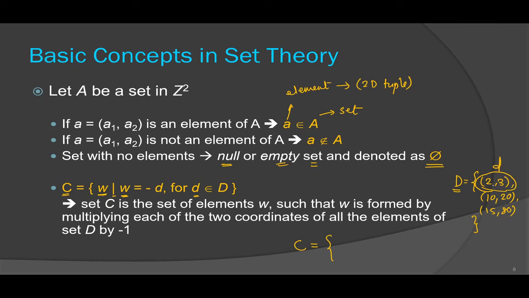So what I'll get here is W, which is -d: (-2, -3), (-10, -20) and (-15, -80). Right? So C is the set of elements W such that W equals -d for d that belongs to capital D. If this is my capital D, then my C would look like this. I hope you have understood the concept and how to interpret this kind of definition of a set.